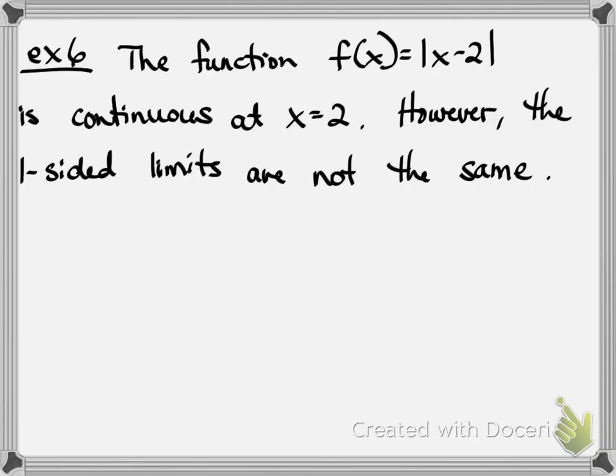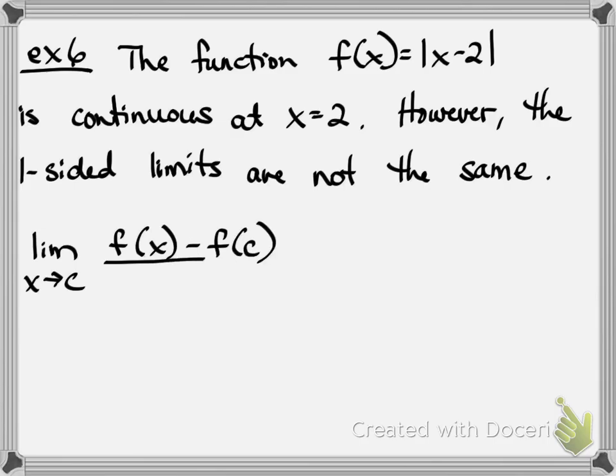So let's use the alternate form of the derivative. Limit as x approaches c of f of x minus f of c all over x minus c. And right here is our c. So c is 2.